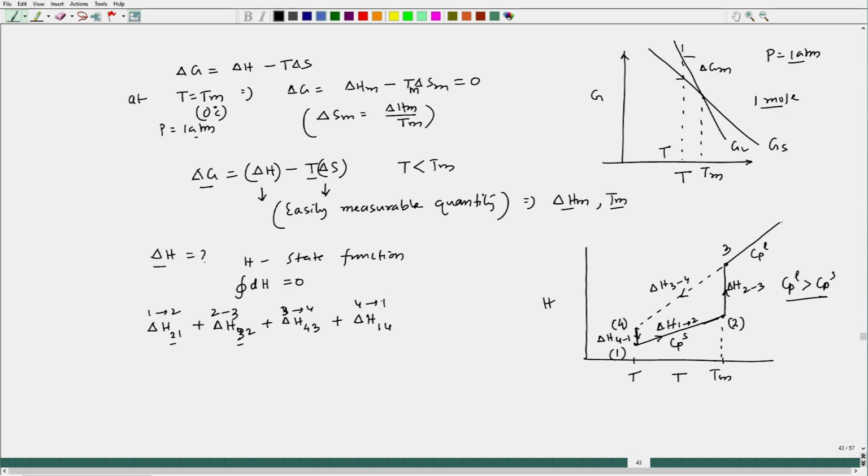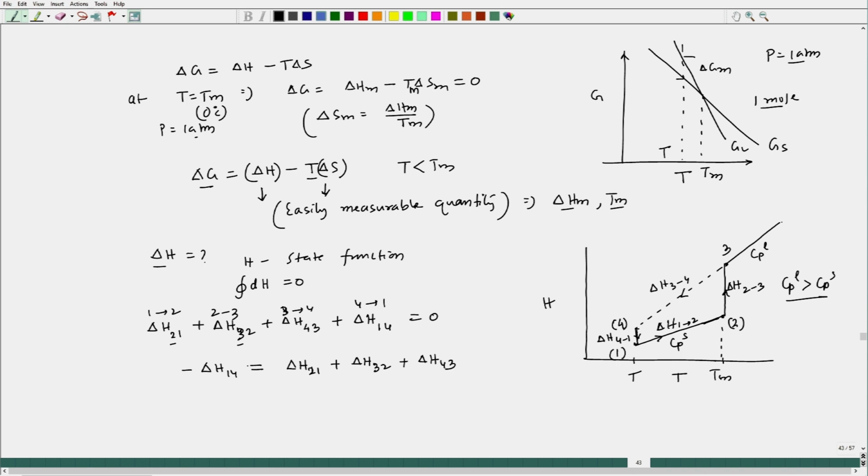So, it comes back to 1. So, this should be 0. So, now I can write delta H 1 4 equal to minus delta H 2 1 plus delta H 3 2 plus delta H 4 3.